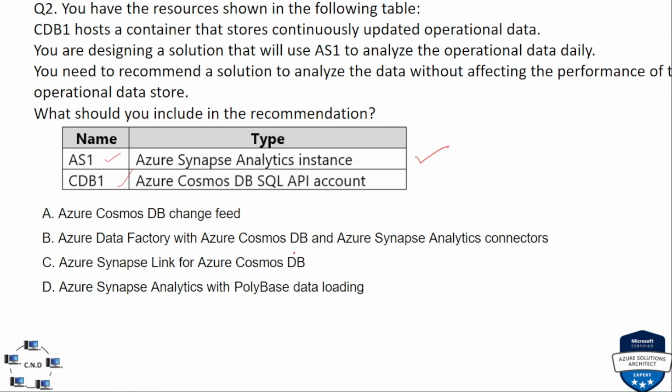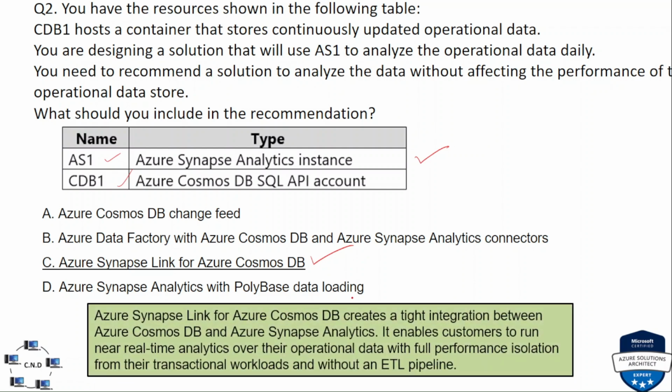And the correct option is, let me have you people guess the correct option, and this is the Azure Synapse Link for Azure Cosmos DB. And the explanation for this option is this. You can pause the video and read the explanation if you want to further understand the concept. I will go to question number 3.